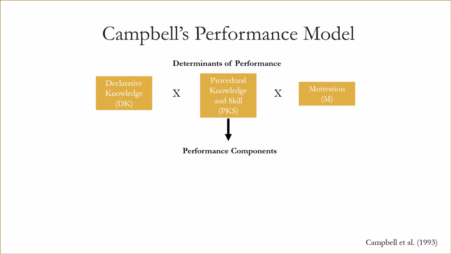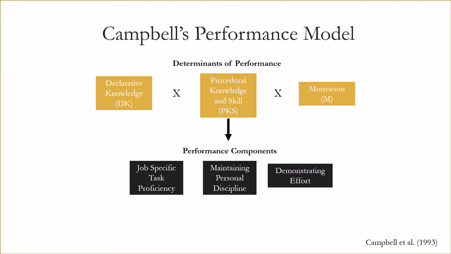So these determinants lead to performance outcomes. Not all of them are present in all jobs, but all of them are under the direct control of the worker. The first 3 things are essential to all jobs. That is job-specific task proficiency. It's the ability to do the core technical aspects of the job.